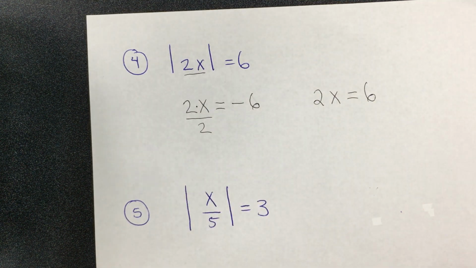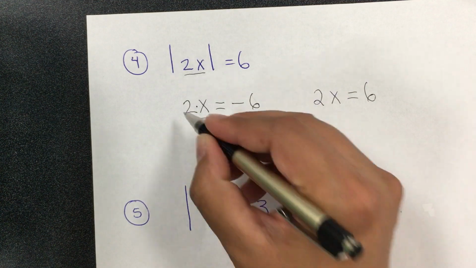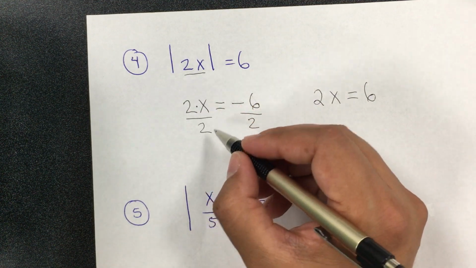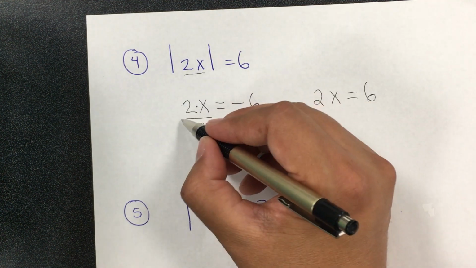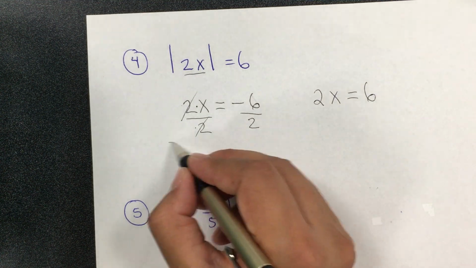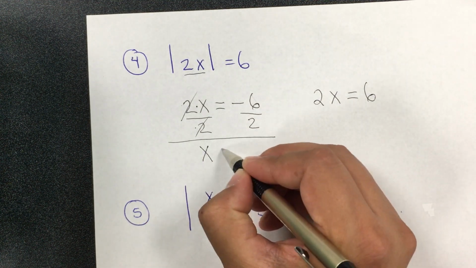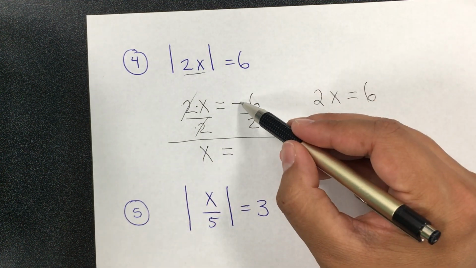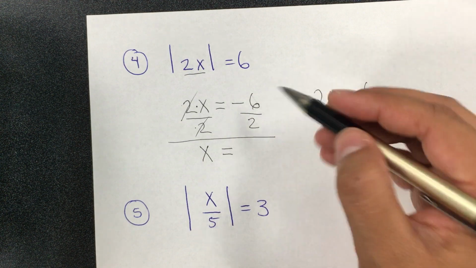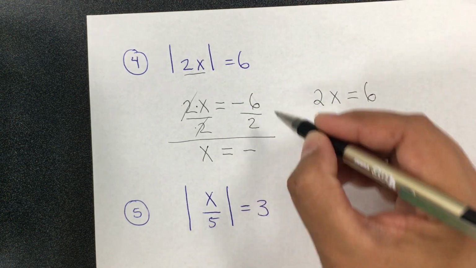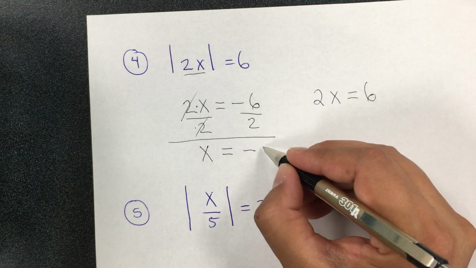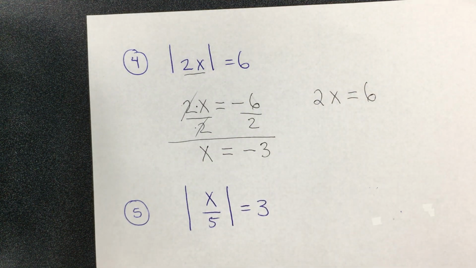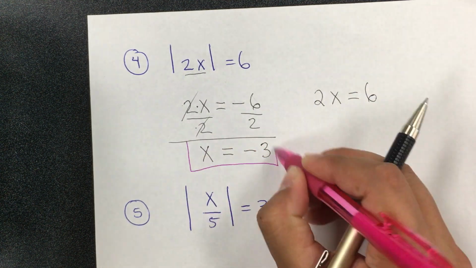Remember that in division, we don't change the sign of the coefficient. Okay, it stays the same. This cancels. X equals negative divided by positive, negative. 6 divided by 2, 3. So that's the first answer for X.